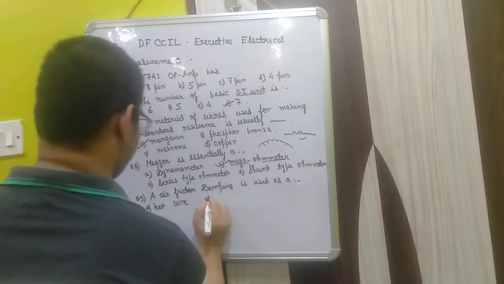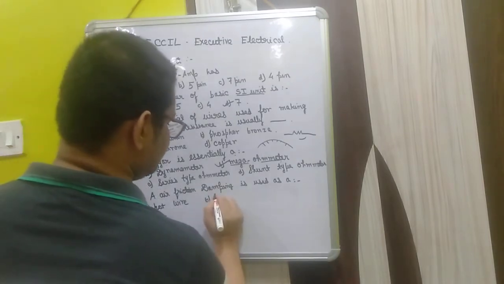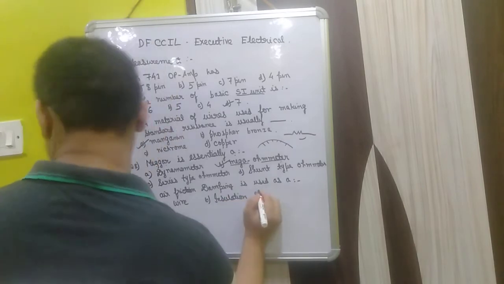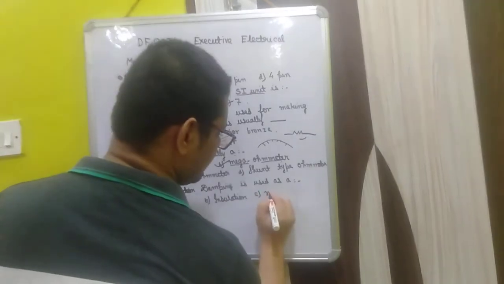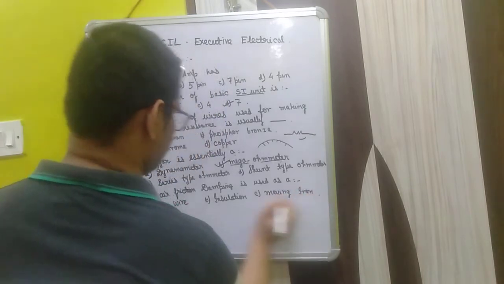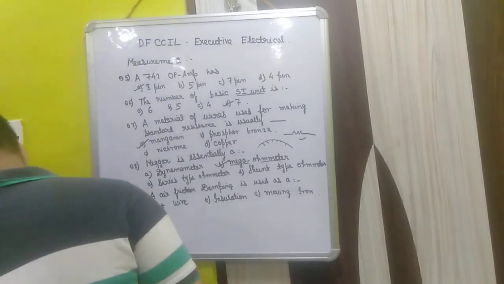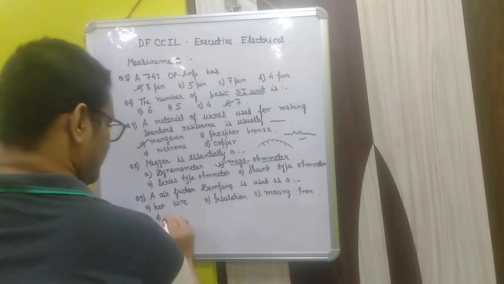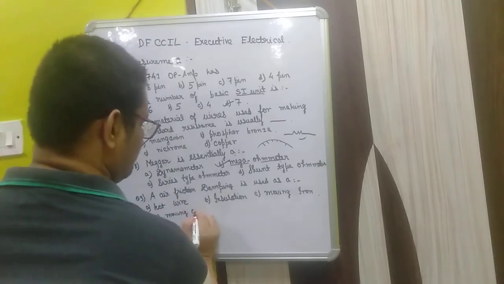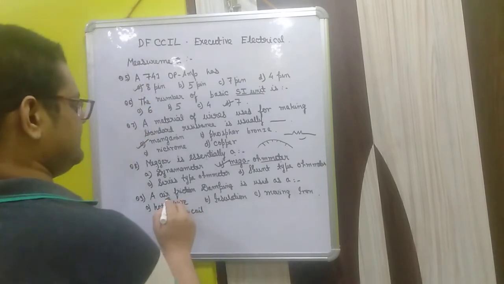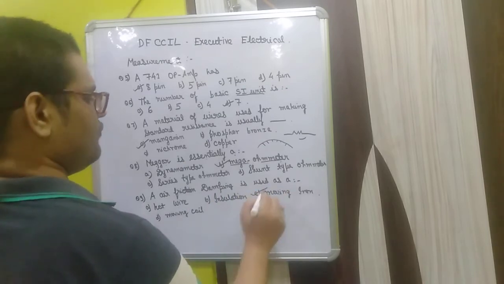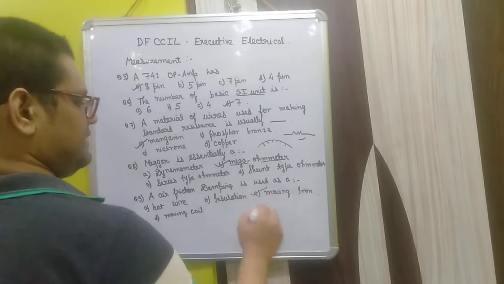Option B is given as insulations. Option C is given as moving iron. And option D is written as moving coil. So air friction damping is used for a moving iron. So moving iron will be the correct answer for this question.